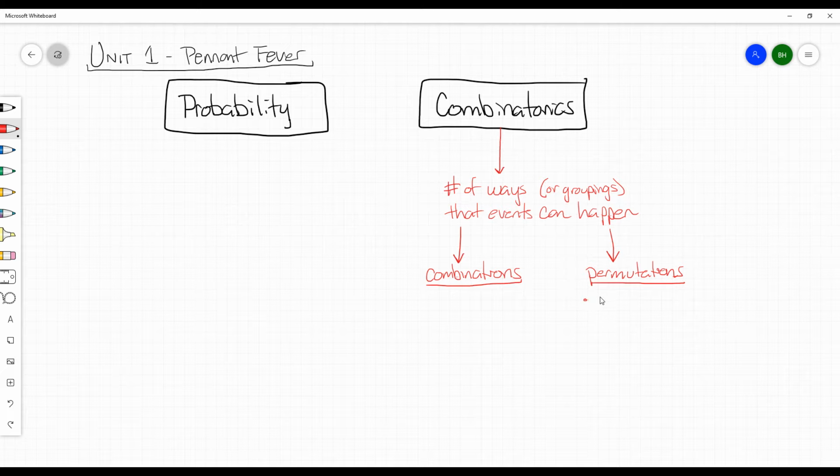To start with permutations, this is where order matters. One of the questions you can ask is, do my events, or I'm going to say the word selections, depending on what we're looking at, need to be in order?